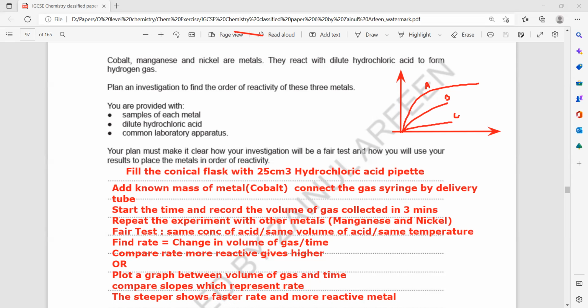It's not like you have to write them separately. You can mention it in your answer when you say fill the conical flask with 25 cm cube of hydrochloric acid at, say, 30 or 25 degrees, any specific temperature, and then mention repeat with the same conditions, so it's fine.